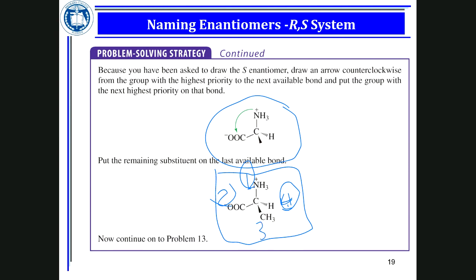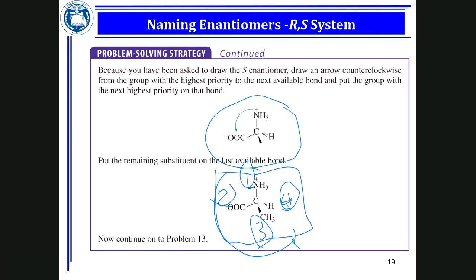Going 1, 2, 3 is S. So if the molecular formula is given to draw this, you start with the chiral carbon, you give the hydrogen or the lowest priority group going away from you, and then start with the highest priority, like NH3 in this case, and draw the loop, and then place the other 2 groups in.